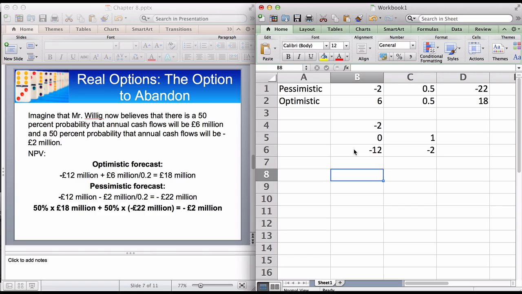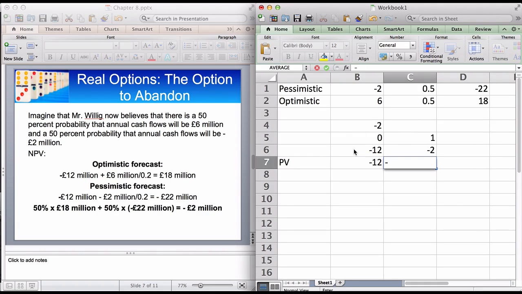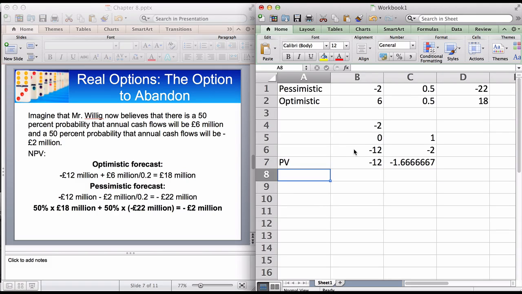Now, what's the NPV of that simple cash flow stream? Let's just look at the present values here. The present value of -2 discounted at 20% is minus 1.667.